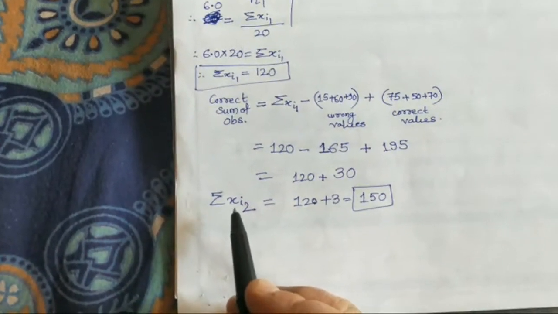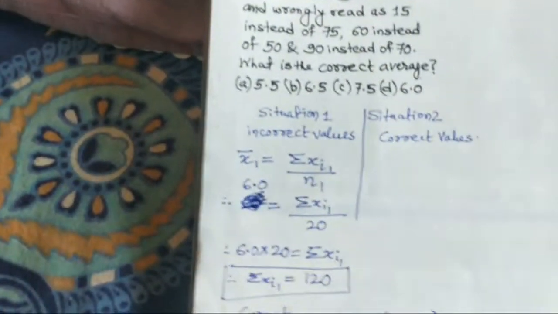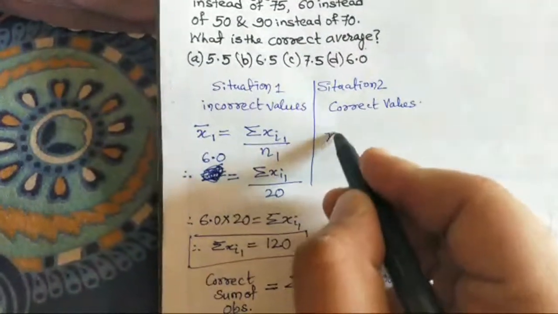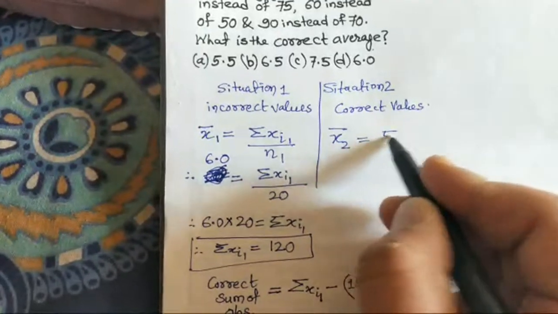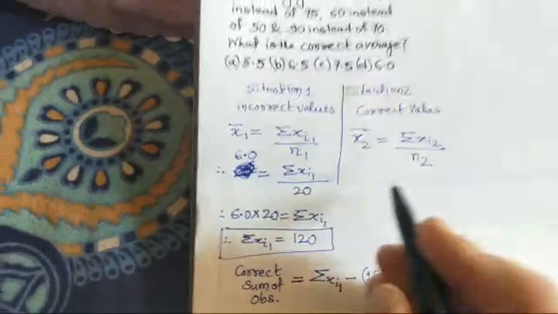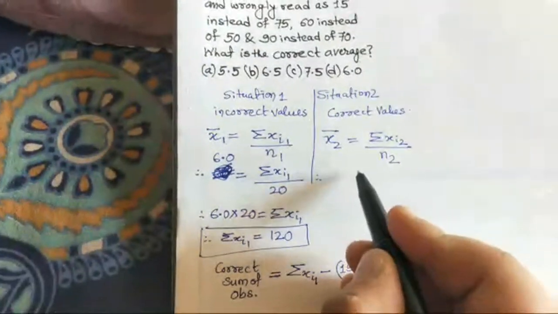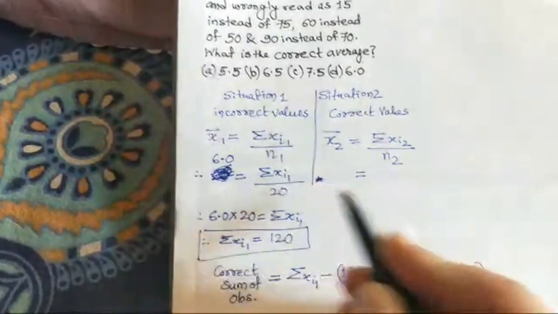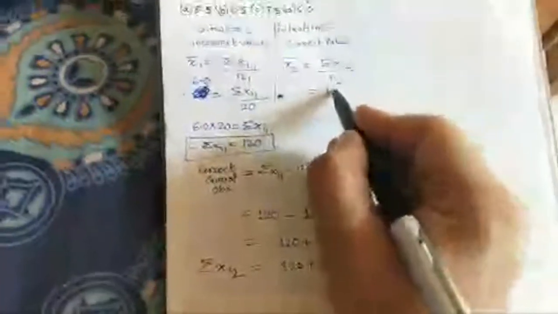It is the second situation. So summation xi 2. Now for the second situation, what would be the formula for mean? x bar 2 would be equal to summation xi 2 by n2. X bar 2 is what we need to find out. And summation of correct values is, here we have found 150.